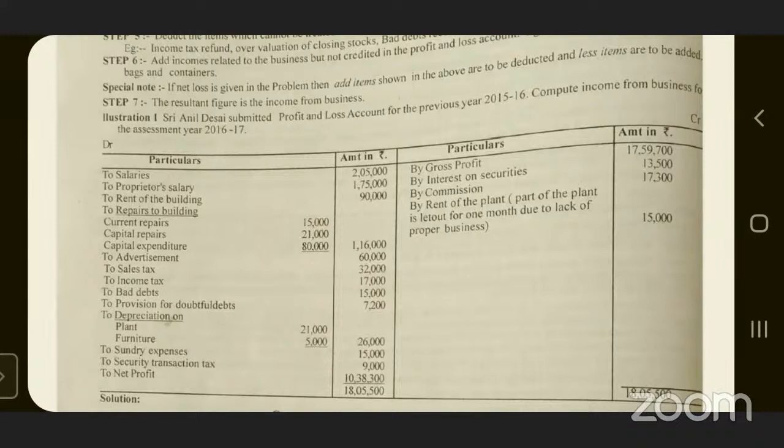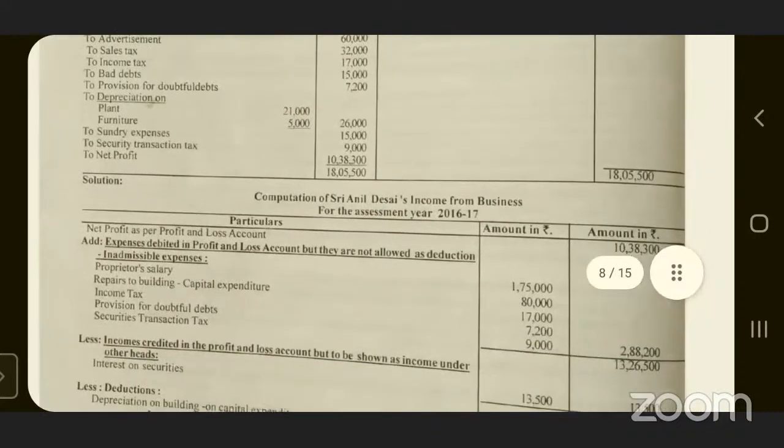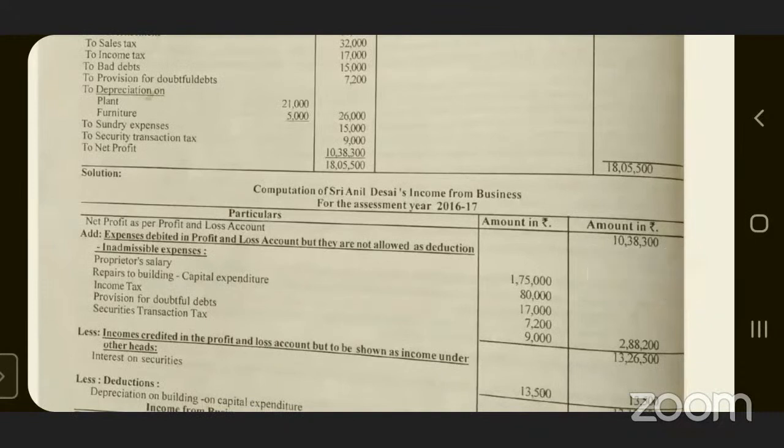Let us eliminate the expenses which are inadmissible and the incomes which are not related to the business. And if any depreciation is excessively charged or not, let us find all these things. So let us check one by one item wise, which are mentioned in the profit and loss account. And let us compute the income from business for the relevant assessment year.